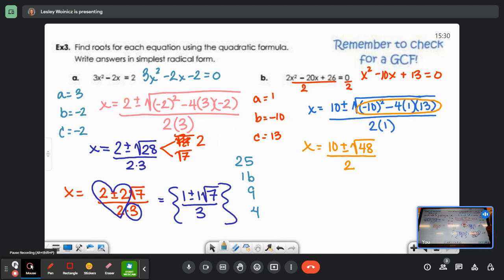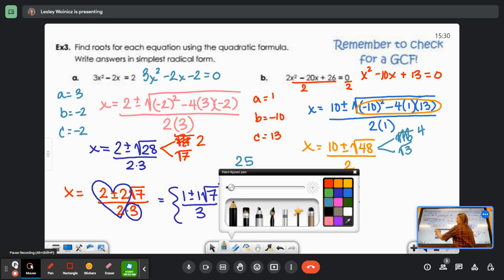How many times does 16 go into 48? 3. So what is the square root of 16? 4. So we'll have x equals 10 plus or minus 4 square root of 3, the whole thing over 2.